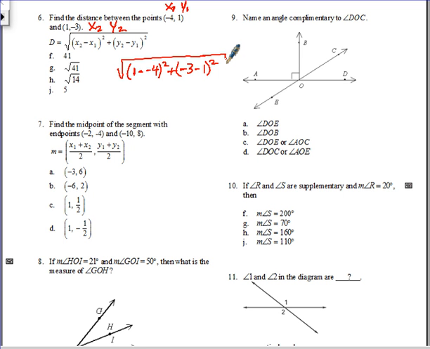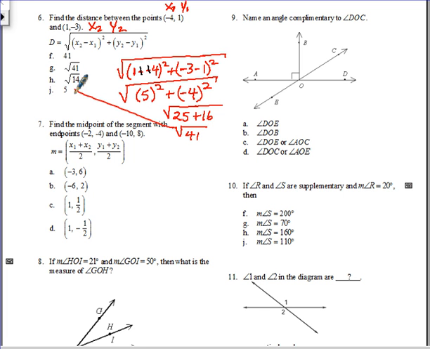Simplify. We know that keep change flip said that these have to be plus. So this is going to be the square root of 5 squared plus negative 4 squared. Now I have 25 plus 16, 5 times 5, 4 times 4. And so we have the square root of 41. So it has to be answer G.